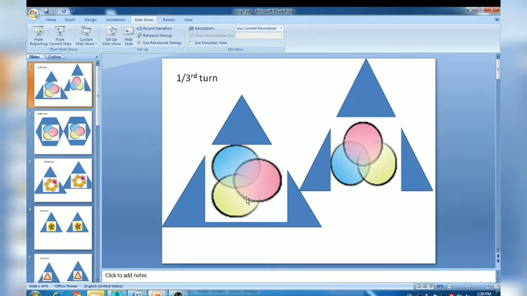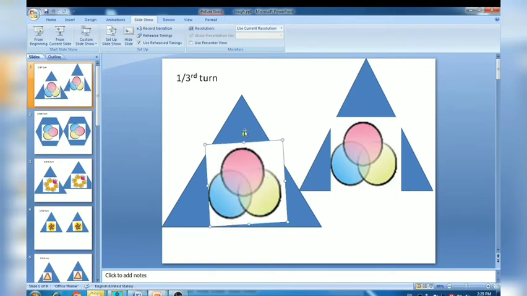Look carefully. This is our original shape. Now I am going to make a 1/3 turn. That means out of the three parts, I am covering only one part. How many sides are there?